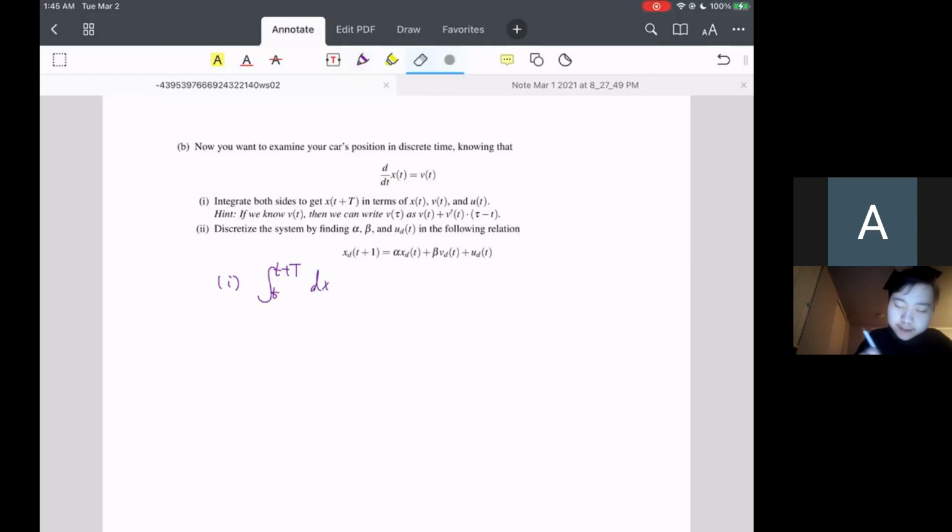Let's just write dx for simplicity. On the right hand side, we're also integrating over the time t to t+T of V(t). Obviously, we cannot be reusing the symbol t. So again, we're just resorting to tau.